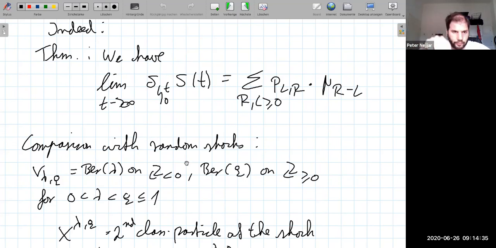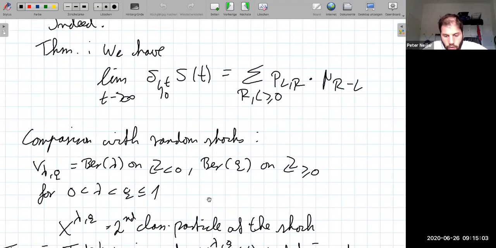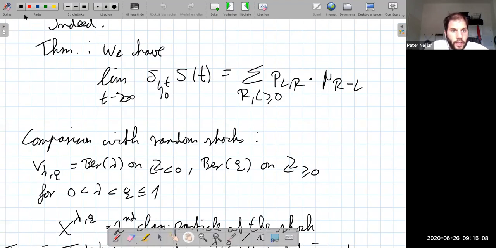So if you look at the initial measure nu lambda rho, which means that your initial occupation variables are independent and they are Bernoulli lambda distributed on the negative integers, and they are Bernoulli rho distributed on the non-negative integers, and you assume that lambda is strictly positive and it's strictly smaller than rho, and then what you then see is that there's a shock which moves with speed.